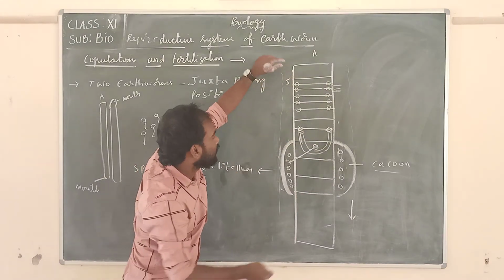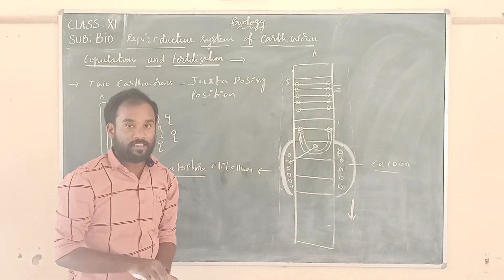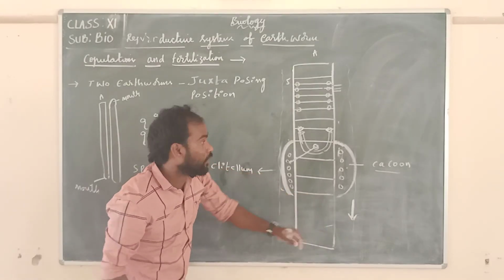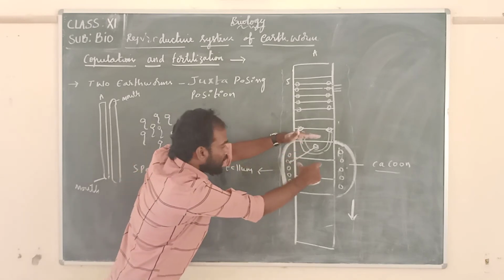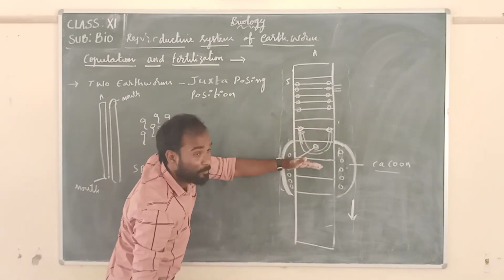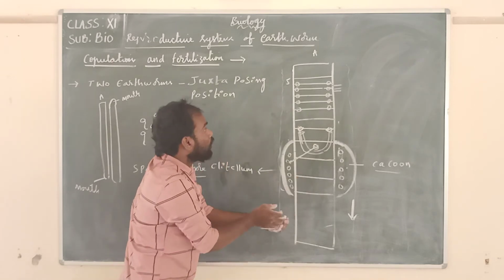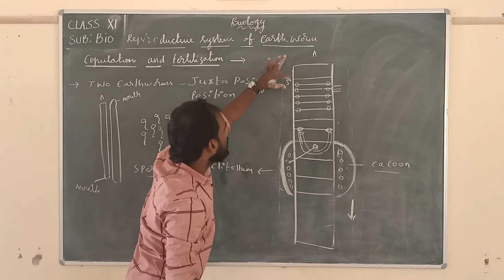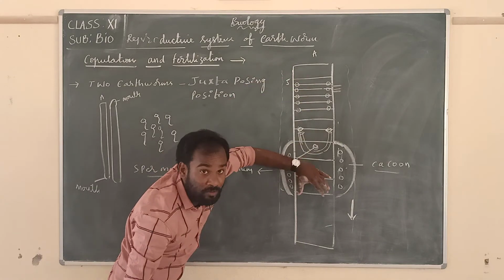Now when the earthworm is moving downward, the 14th, 15th, 16th segments are going down, the 10th segment will come here, and still it is going down, the 9th segment will come here. So when the earthworm is moving down, the 5th, 6th, 7th, 8th, 9th segments also will come like this.